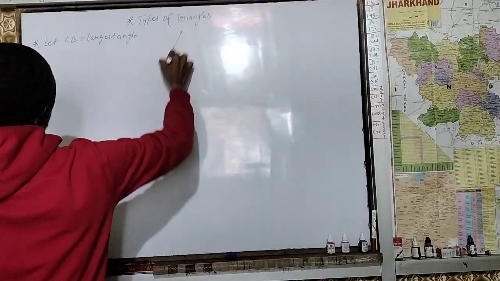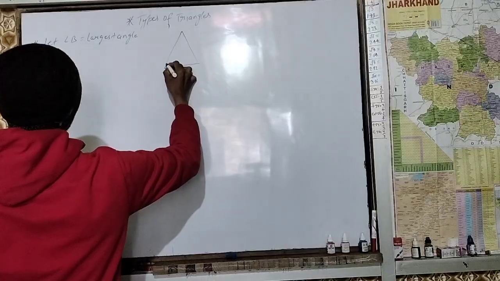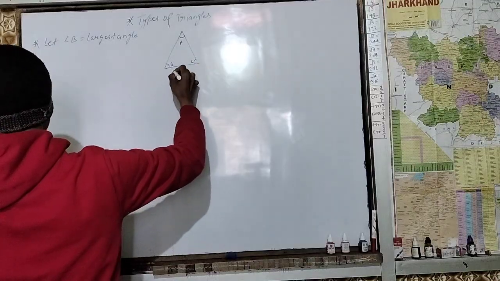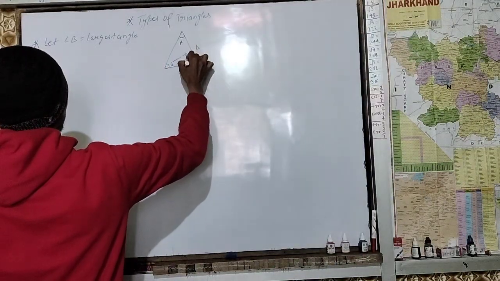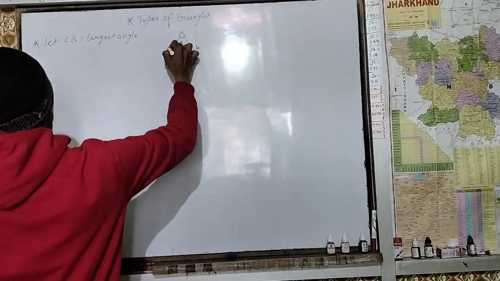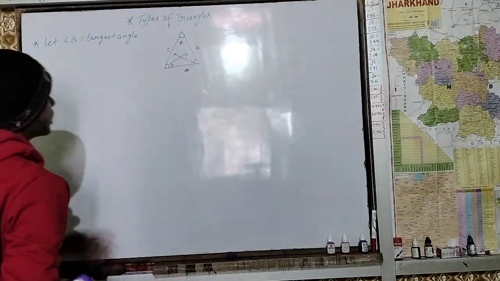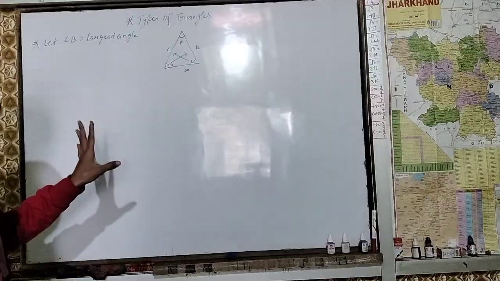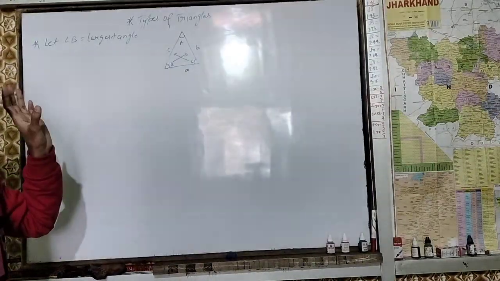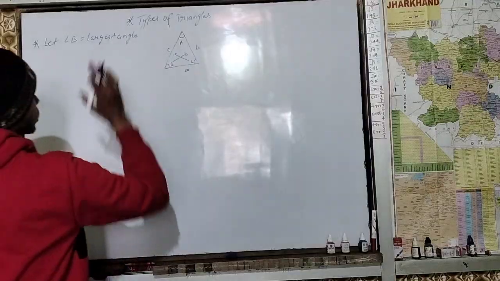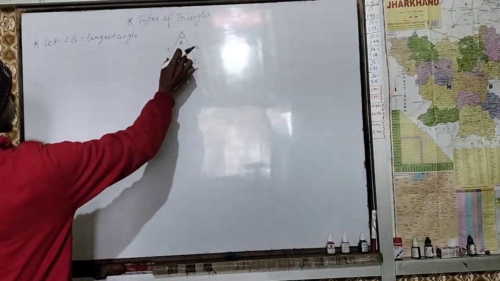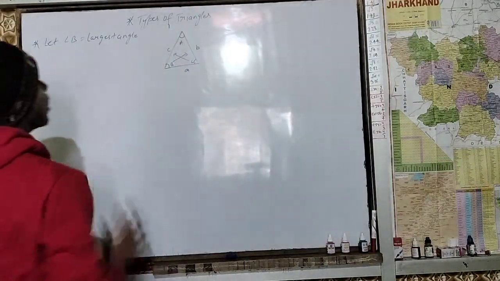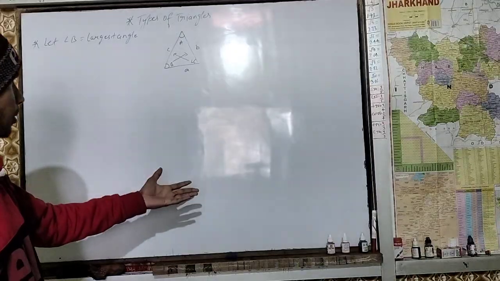This is triangle B, A, C. Small letters show the lengths of sides: a is the length of this line, c is the length of this line, b is the length of this line. But capital letters represent angles.